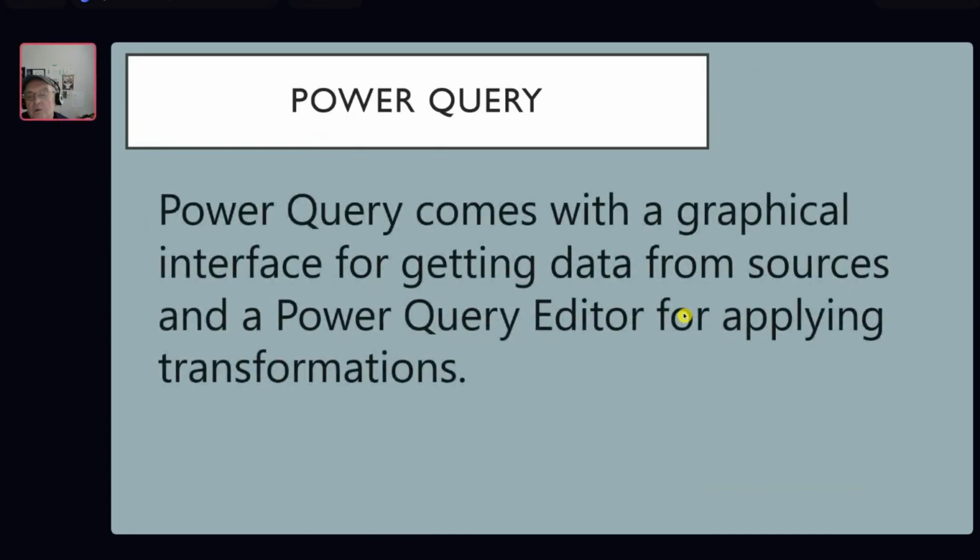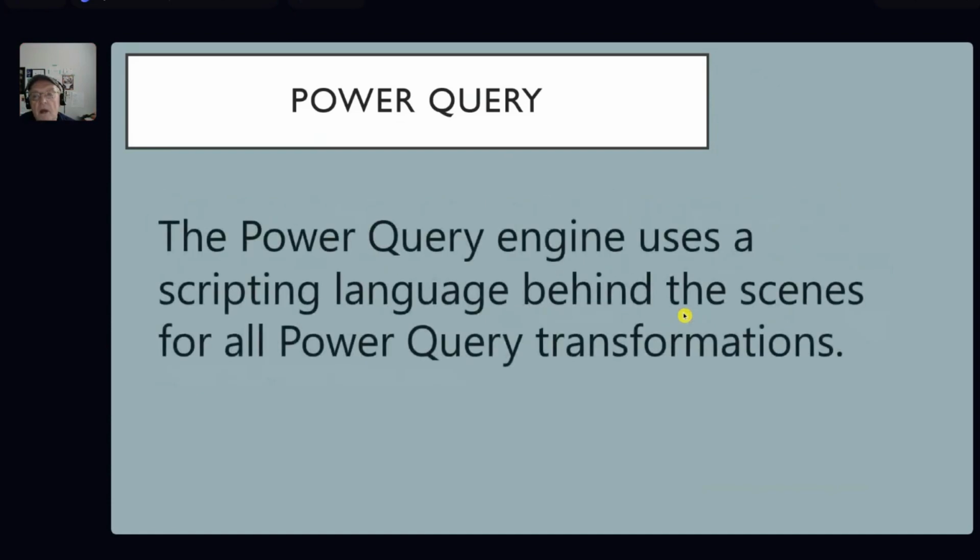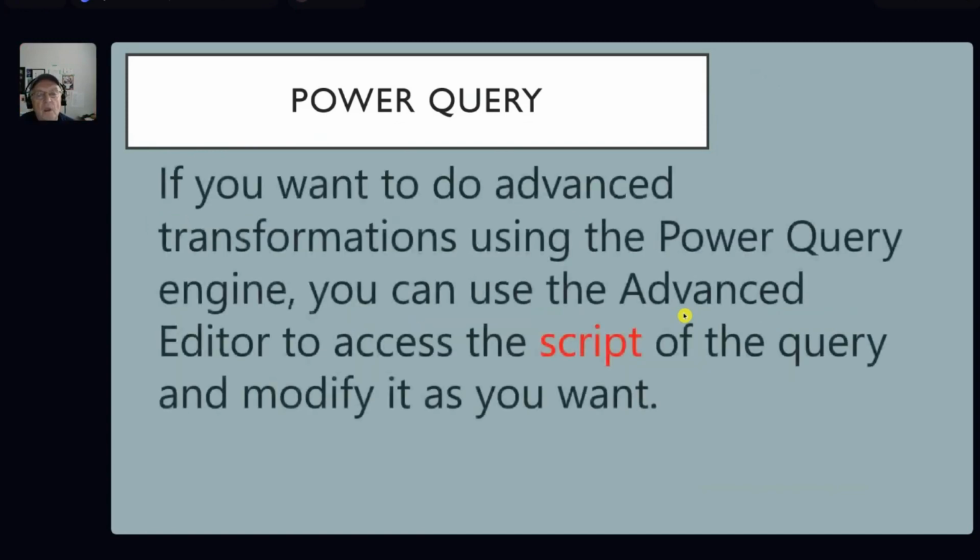Power Query comes with a graphical user interface for getting data from sources and a Power Query editor for applying transformations. Power Query Engine uses a scripting language behind the scenes for all Power Query transformations. If you want to do advanced transformation using the Power Query Engine, you can use the Advanced Editor to access the script of the query and modify it as you want.